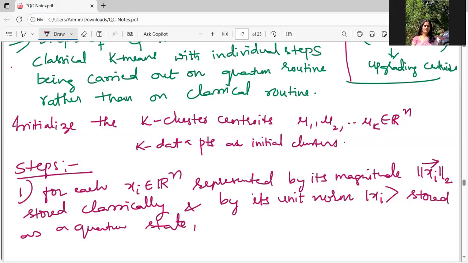For this |xi>, we compute the distance using quantum Euclidean distance. I made a small video on quantum Euclidean distance as well. Kindly look into it.